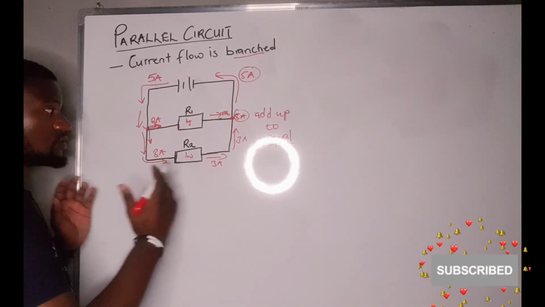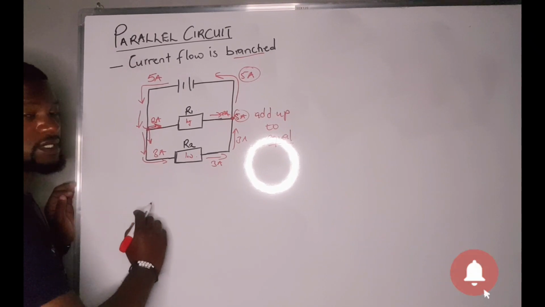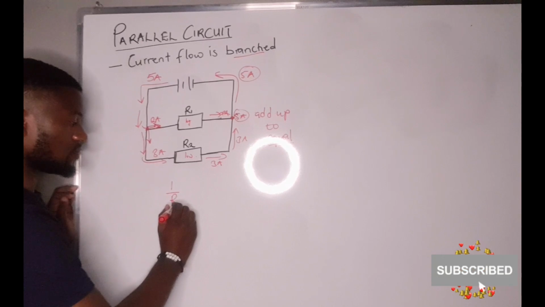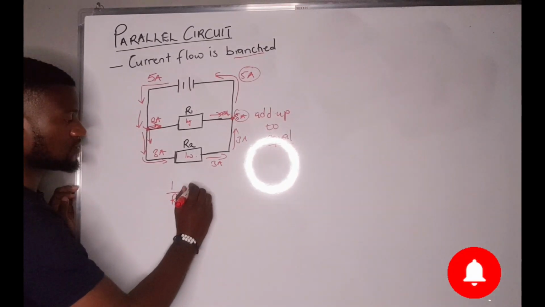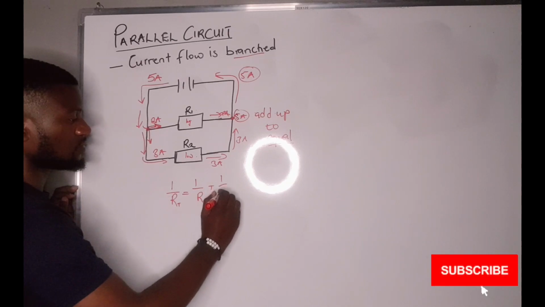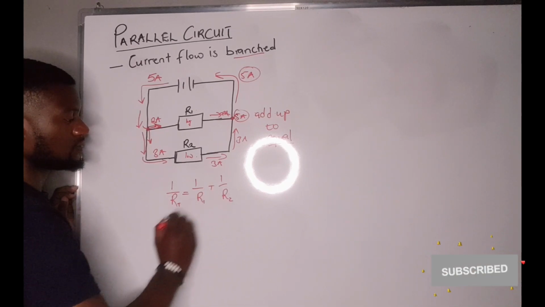If we want to get the sum of these 2 resistors, we say the reciprocal of the total resistance is equal to the reciprocal of resistor 1 plus the reciprocal of resistor 2.